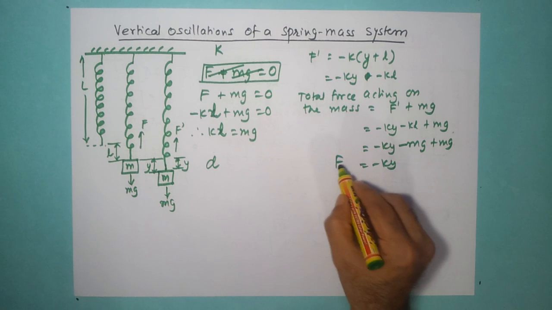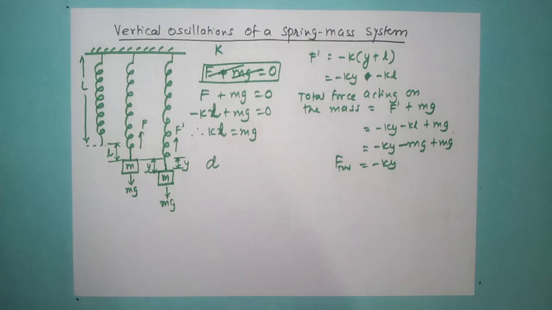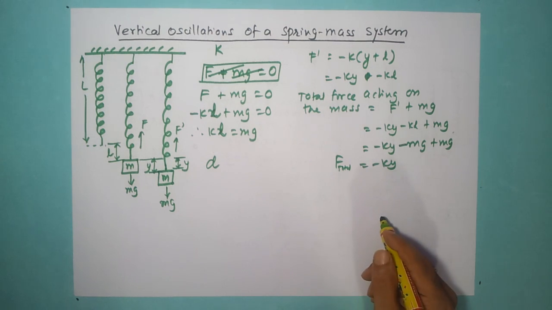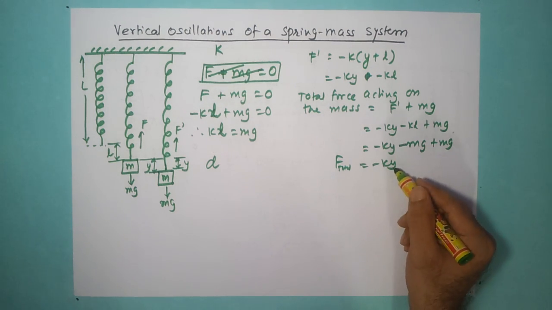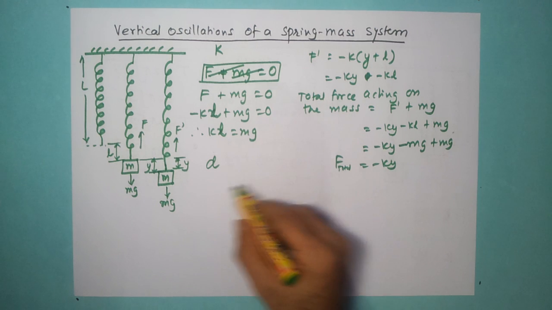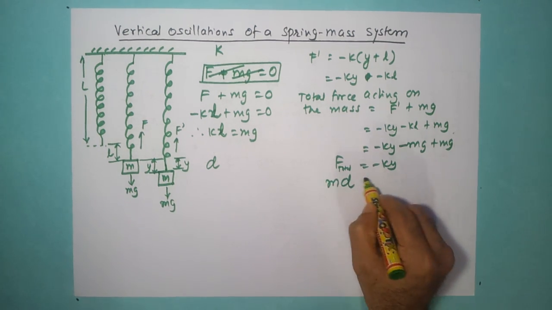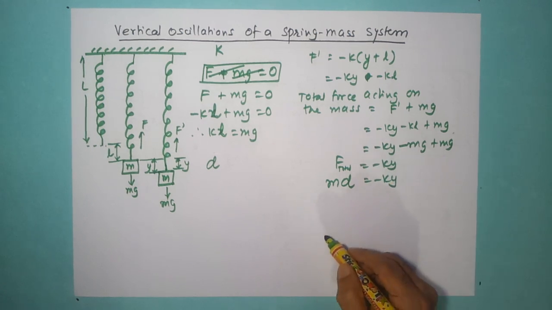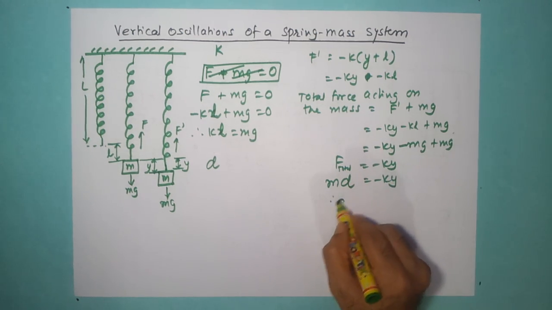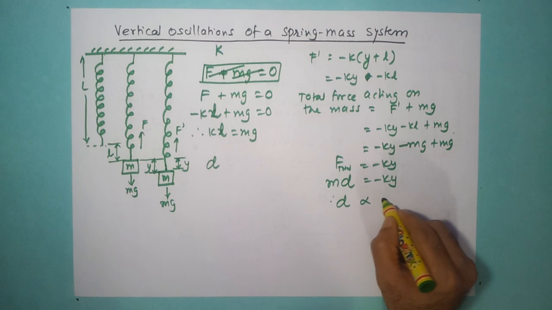So the total force F total acting on the mass-spring system is equal to minus ky, where y is the displacement. And we know that the force acting on this mass is mass times its acceleration, which is equal to minus ky, and therefore we can say that alpha is proportional to minus y.